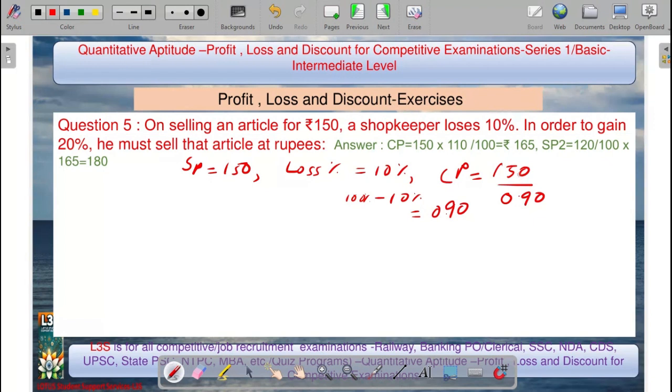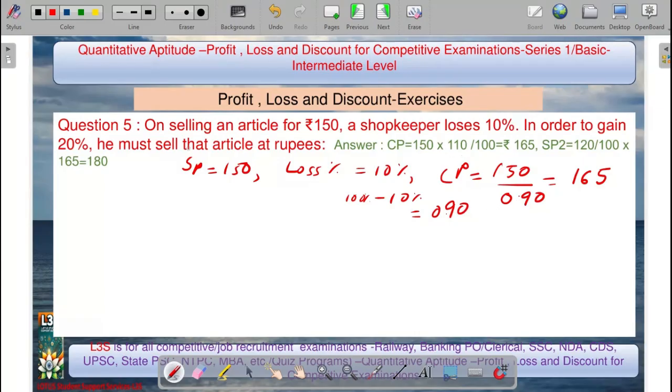So when we divide 150, that is the sale price, by 0.9, we'll get the cost price. So that will be 165. Now we know the cost price is 165 rupees.